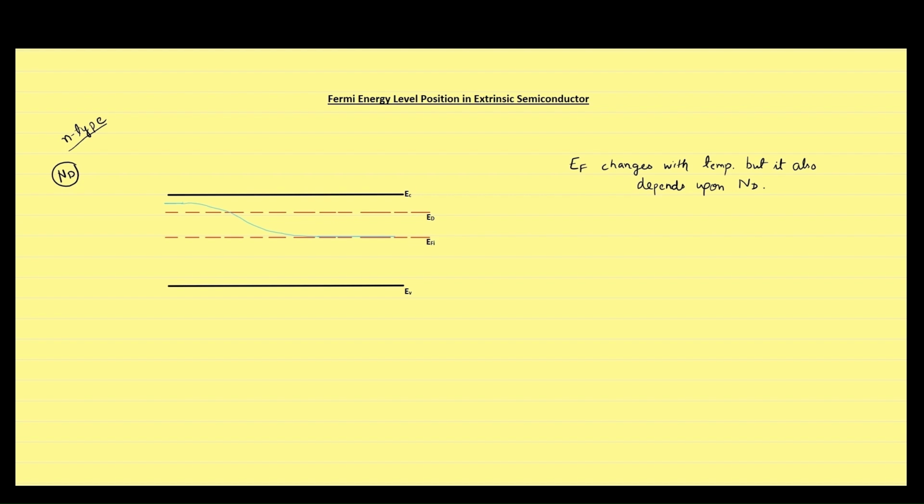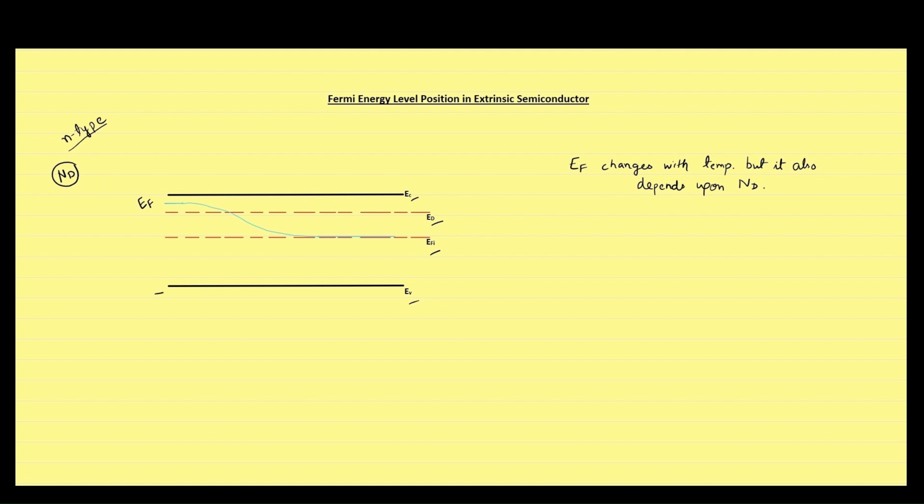This red line is representing the intrinsic Fermi energy level. This is representing the donor energy level. This is conduction band energy, and this is valence band energy. This blue line is representing Fermi energy level of extrinsic semiconductor.